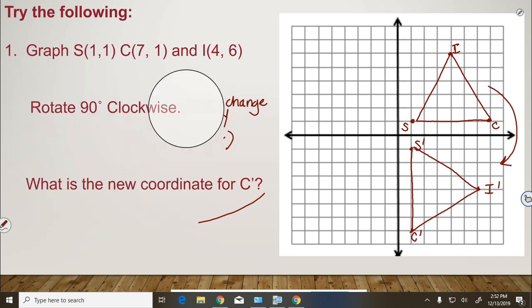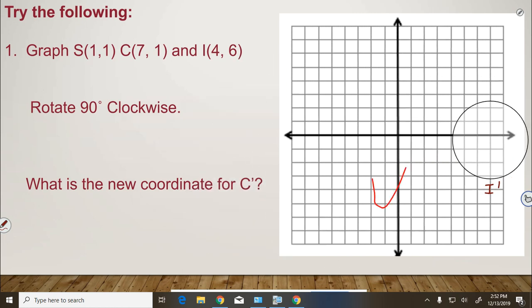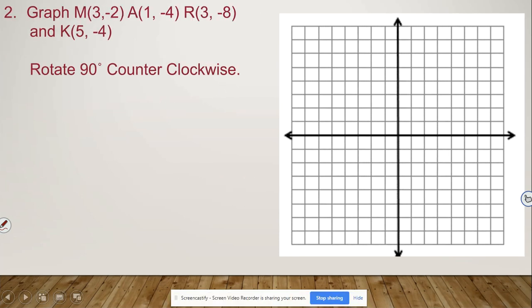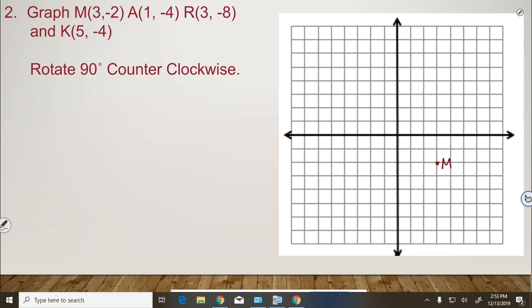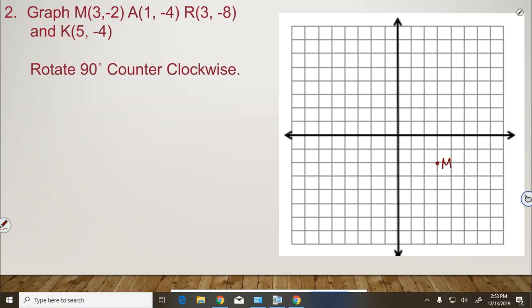All right, let's take a look at example number 2. In this case, we're going to rotate 90 degrees counterclockwise. So we start with M, (3, -2), so we go right 3 and down 2. A is (1, -4), so we go right 1 and down 4.